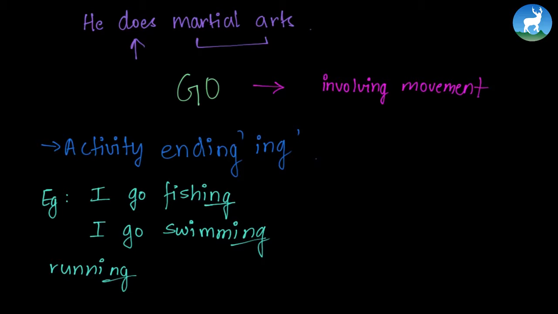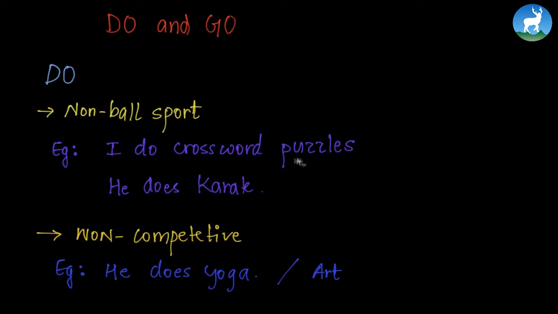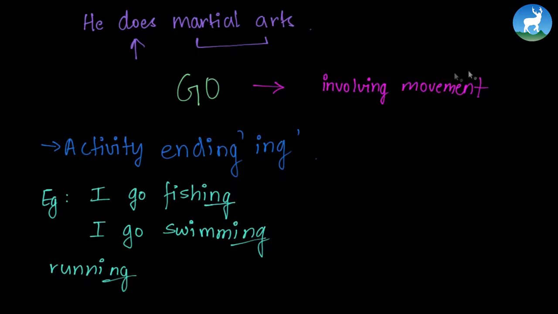While in the other examples, the example we used was crossword puzzles. We don't need movement to do crossword puzzles. We don't need movement to do yoga. We need a kind of movement to do karate, but we don't move from one place to another, right? But running, swimming, fishing needs movement from one place to another. So go is used with words that have movement.